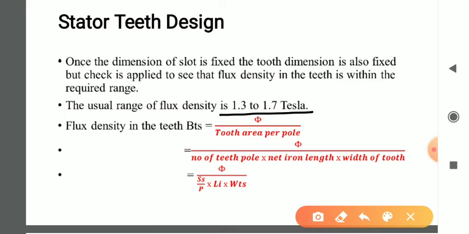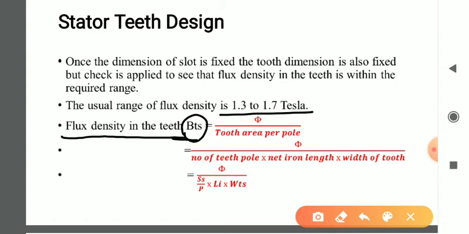And this is how we check: the flux density in the stator teeth is denoted by BTS, and that is equal to phi divided by the tooth area per pole.